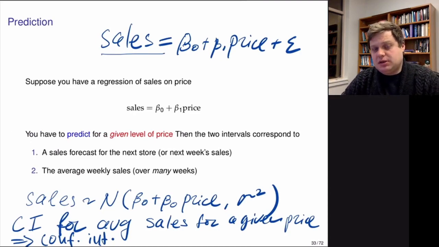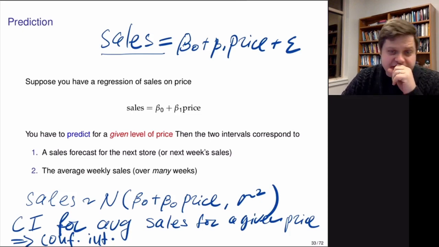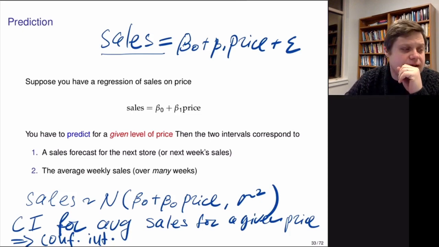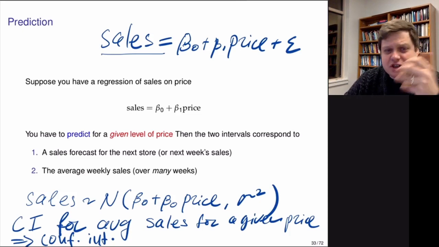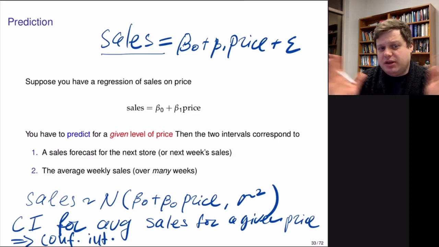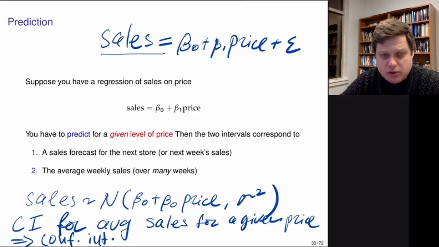The way we interpret it: somebody asks, if I set price to be equal to 5, then on average, what type of sales should I expect? And you say, on average, that's going to be the interval that you're going to see.